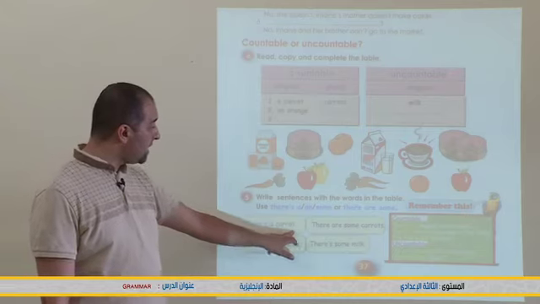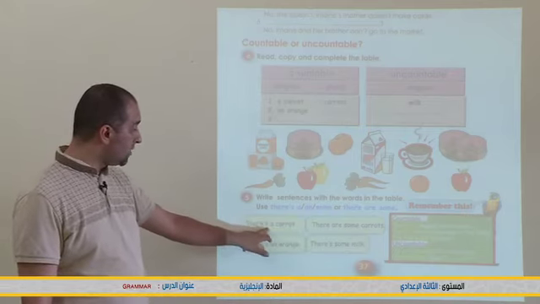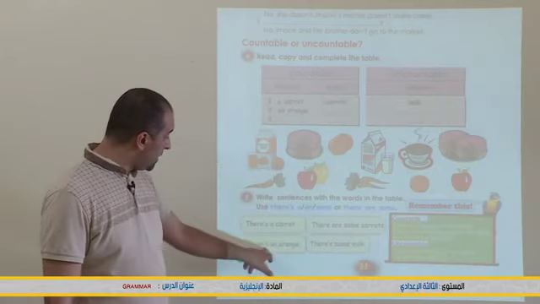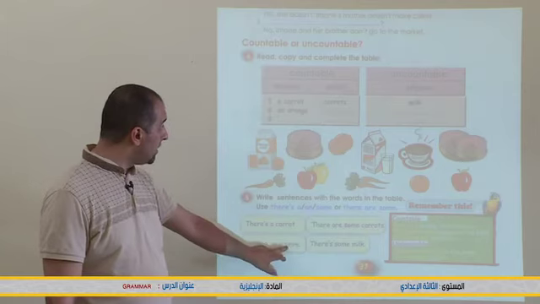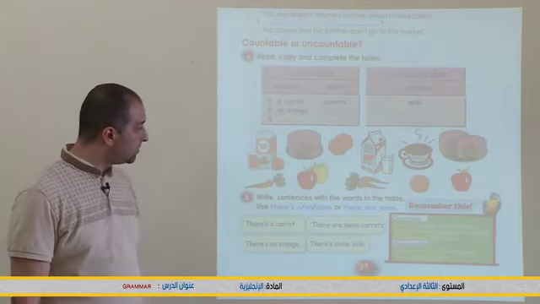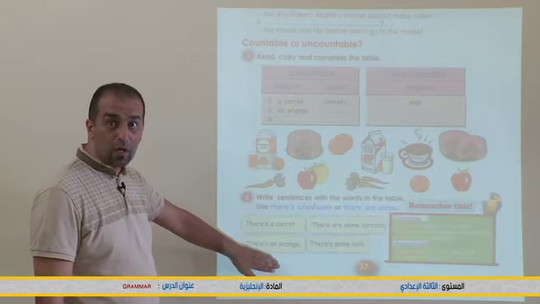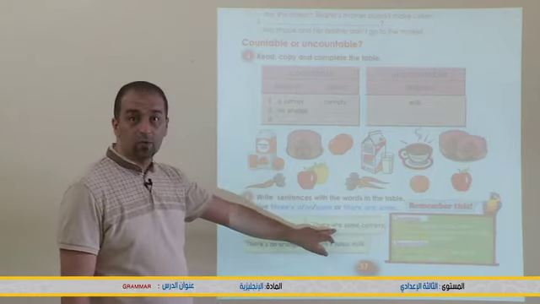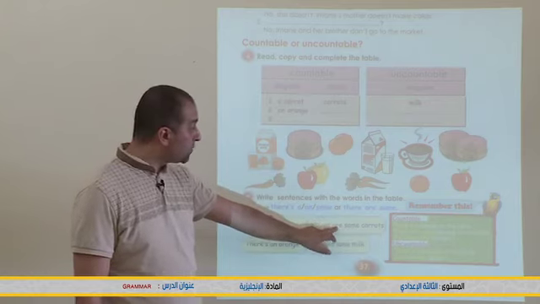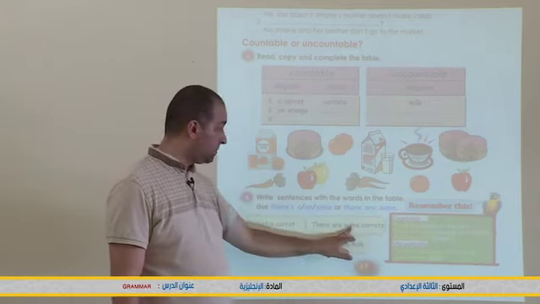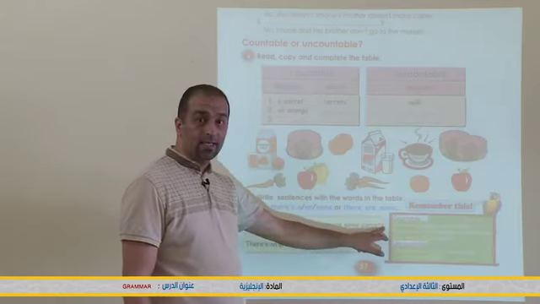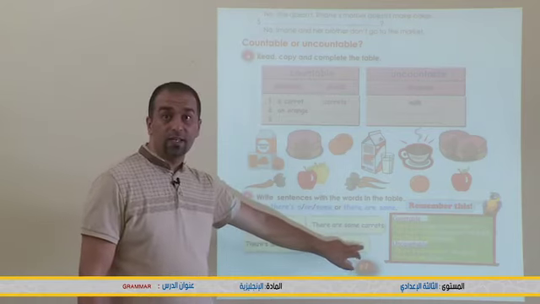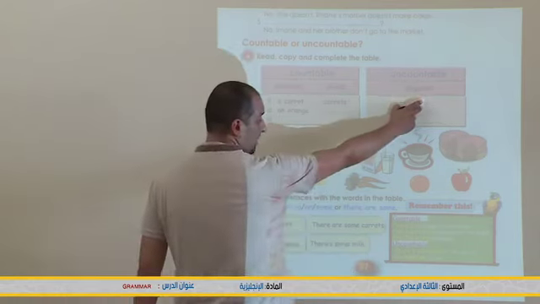So there is a carrot. So this is singular. There is a carrot. There is an orange. That's singular countable. Now we move to the plural. There are. So here we have are. There are, but we choose some carrots, S. The last one, here you have milk, and don't forget that milk is an uncountable noun.